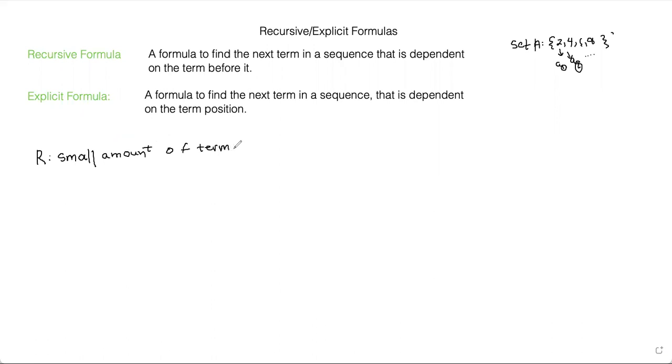So what do I mean by small amount? I mean, maybe something from 1 to 6 terms. And if you're particularly good at math, maybe somewhere around 12 terms at max.